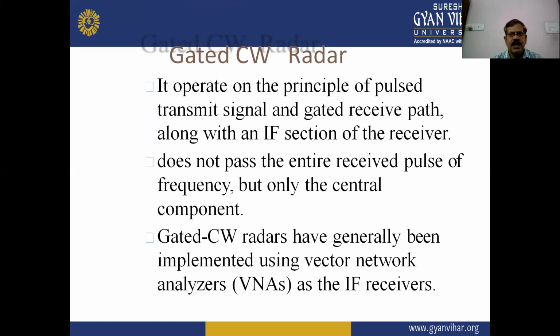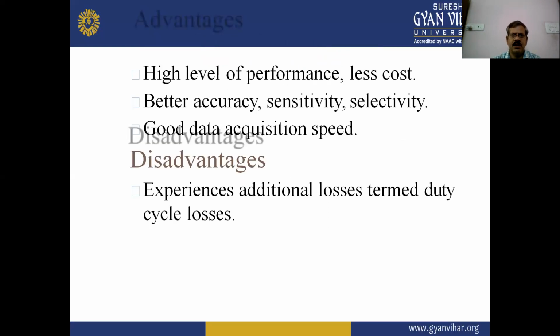Next, gated CW radar. This radar operates on the principle of a pulse transmit signal and a gated receiver path along with the IF section of the receiver. This radar does not pass the entire received pulse of frequency, but only the central components. Gated CW radar has generally been implemented using vector network analyzers, VNA, as the IF receiver.